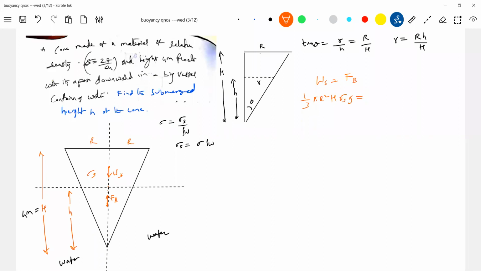So what is the buoyant force? Buoyant force should be equal to 1 by 3 pi r square h density of water into g. We don't know the smaller h; that is what we are going to replace here. So 1 by 3 pi all get cancelled.